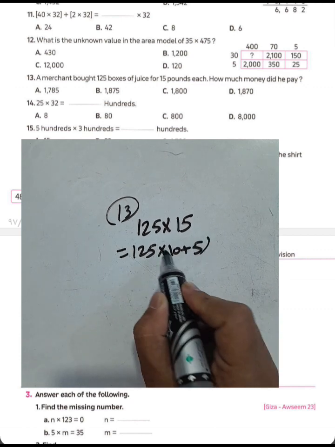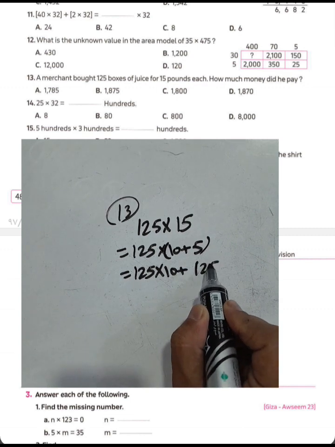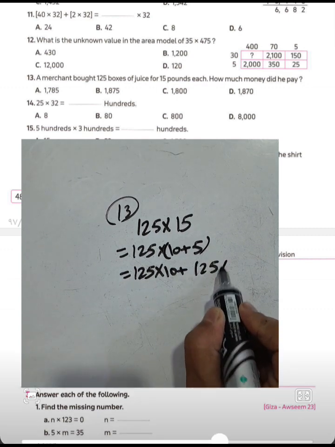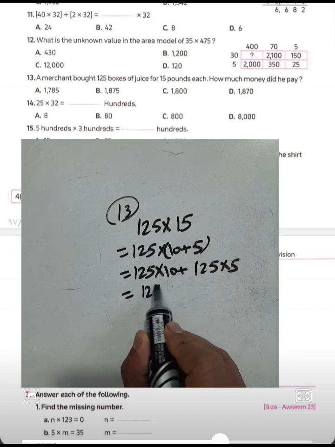We can write 15 equals 10 plus 5, and then using distributive properties here, 125 times 10 and 125 times 5. 125 times 10, write 125 and write 0 behind it.